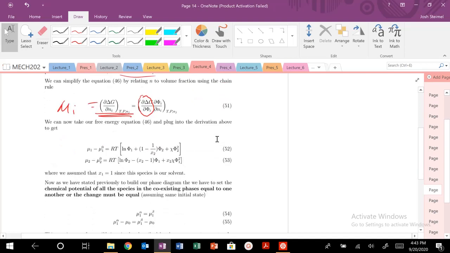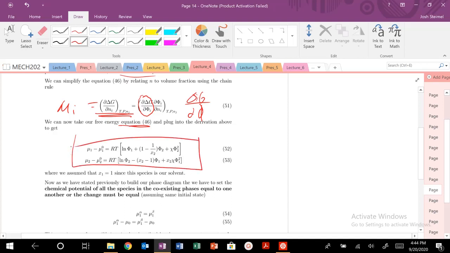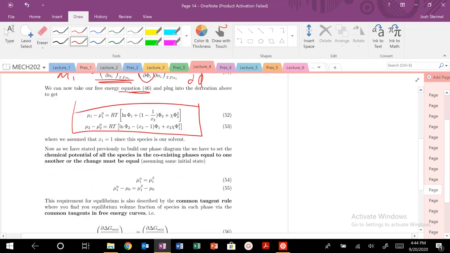Once you make this change, we take that derivative of delta G as a function of phi 1, 2, whatever, from our delta G of mixing from equation 46, plug it in, and you'll get to this expression here. Again, we assume x1 is equal to 1 because one of our species is our solvent.